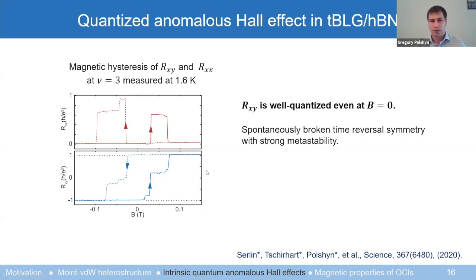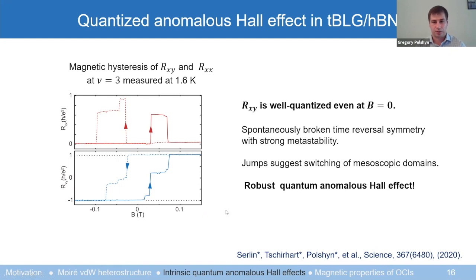Overall, this is a manifestation of spontaneously broken time reversal symmetry with strong metastability. In addition, we can also see some discrete jumps during magnetic reversal, which suggests the presence of mesoscopic ferromagnetic domains. So overall, this is a robust quantum anomalous Hall effect.